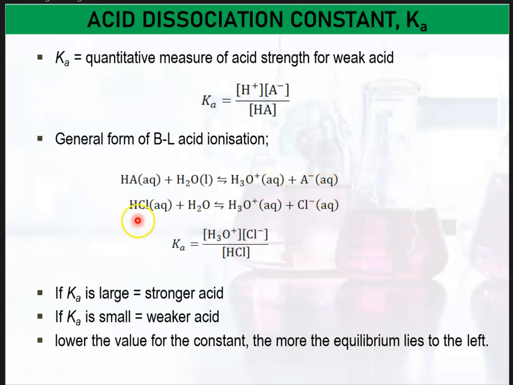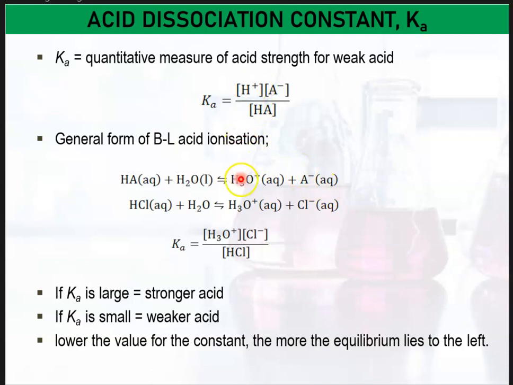This is another example. HCl plus water becomes H3O plus Cl minus. So the acid dissociation constant for this reaction is the product divided by the concentration of the reactant. For this one, this is the equation.